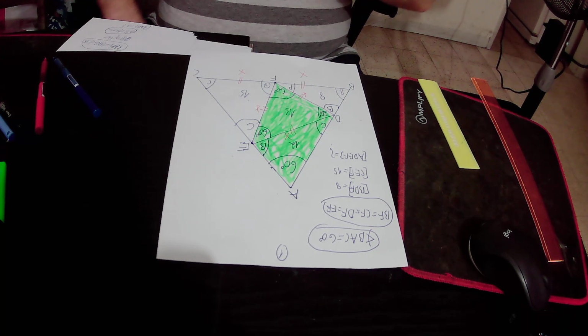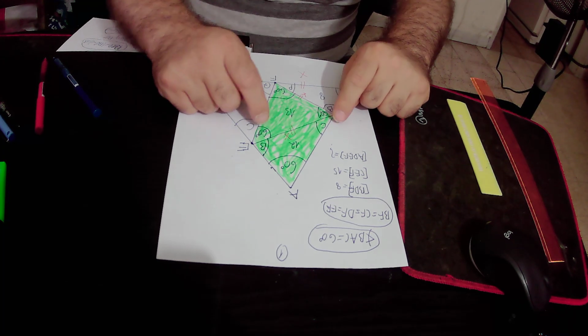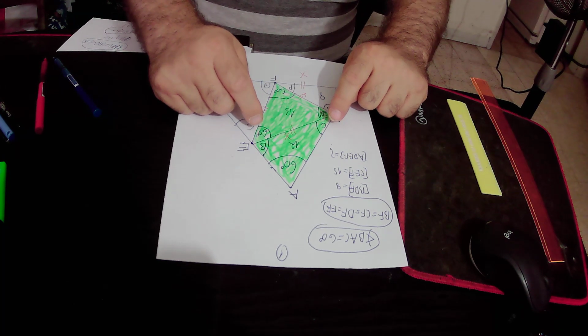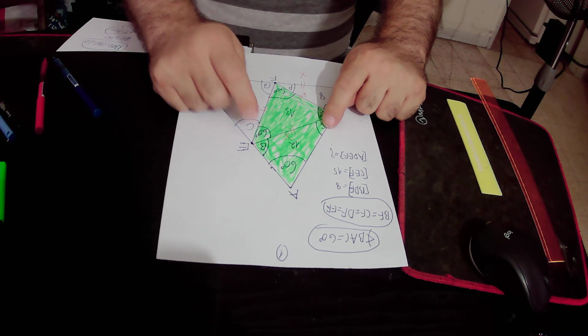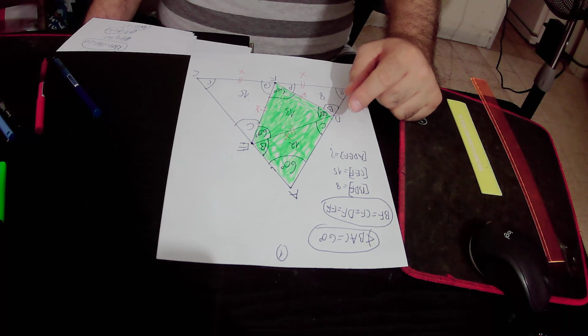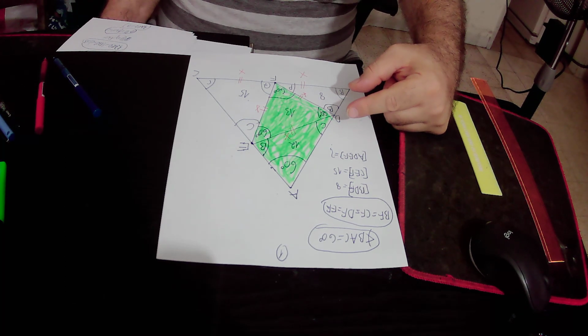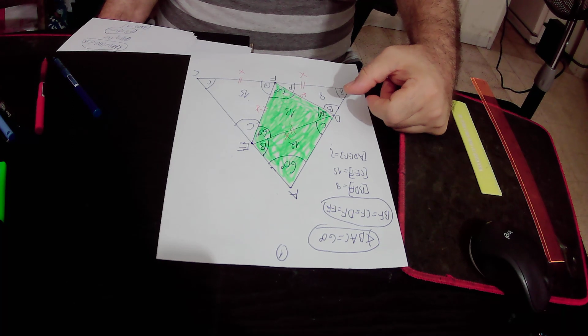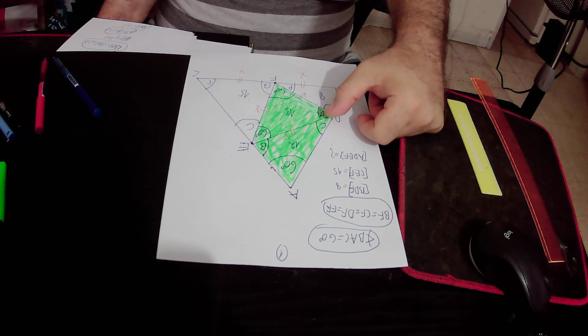we found the sizes of those two angles according to the rule that states that the sum of the angles on a straight line equals 180 degrees. So B plus C plus the size of this angle equals 180 degrees.